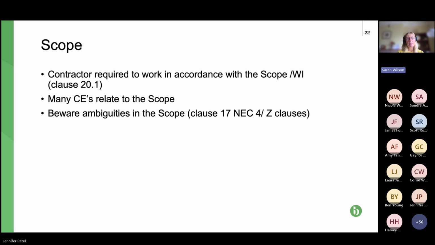And then the middle bullet point here is that many of the compensation events relate to the scope. So it's not like JCT where a lot of it is, if you think that you have been delayed, you claim your reasonable period of delay. The NEC is more prescriptive. If the paying party hasn't provided something that it says it was to provide in the scope by the date it was to provide it in the scope, then it's a compensation event.